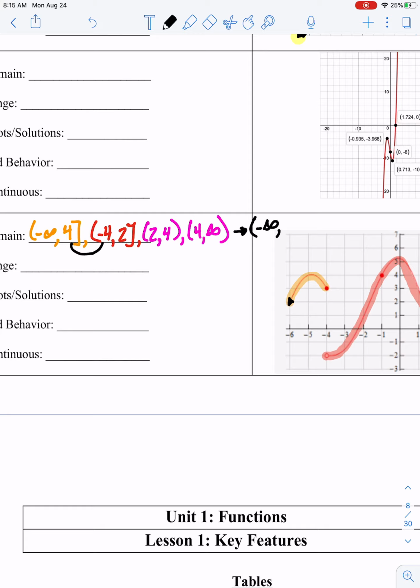So 4 bracket, 4 parenthesis, -4, I'm sorry. -4, -4. So we go to -4, and it's going to still have your brackets. Okay. But now the red one continues into 2, and it has a bracket.